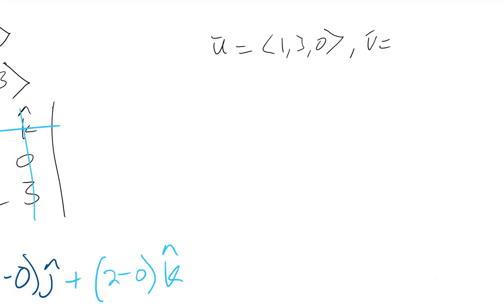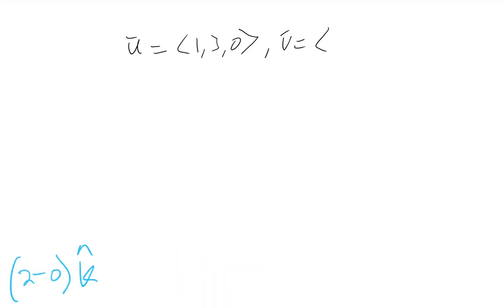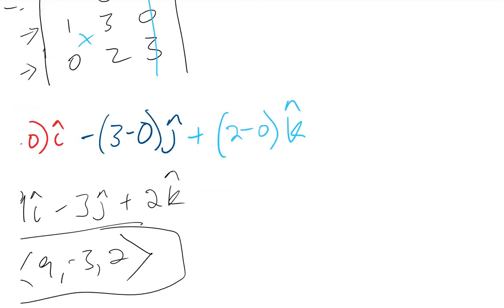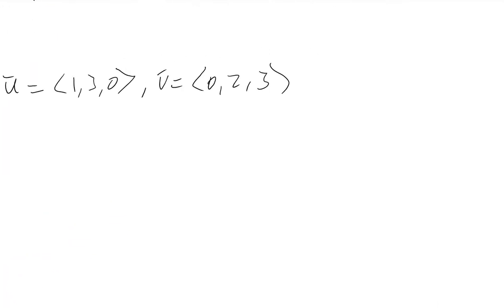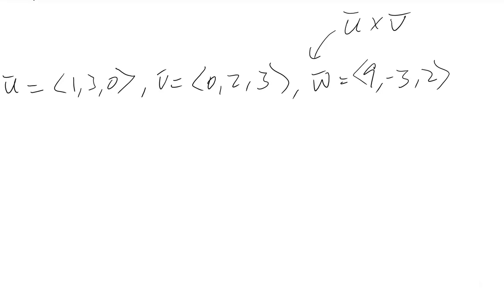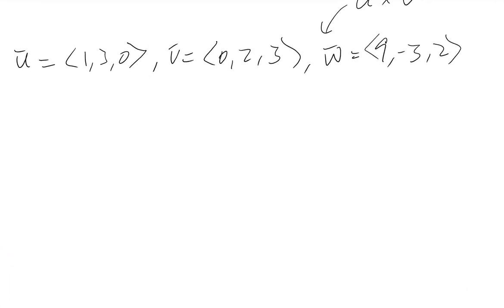V is 0, 2, 3. And then W turned out to be 9, -3, 2. And W is just U cross V. All right, so now let's graph this real quick.